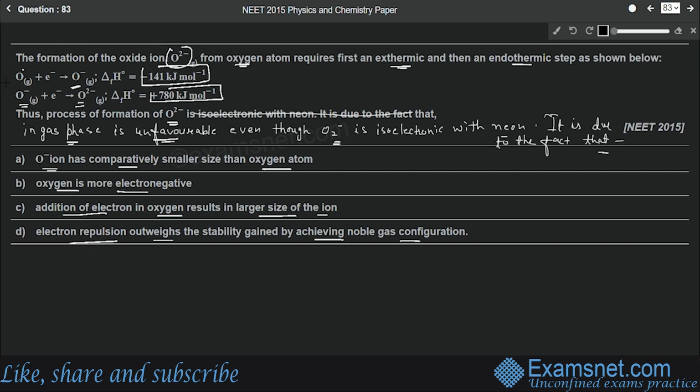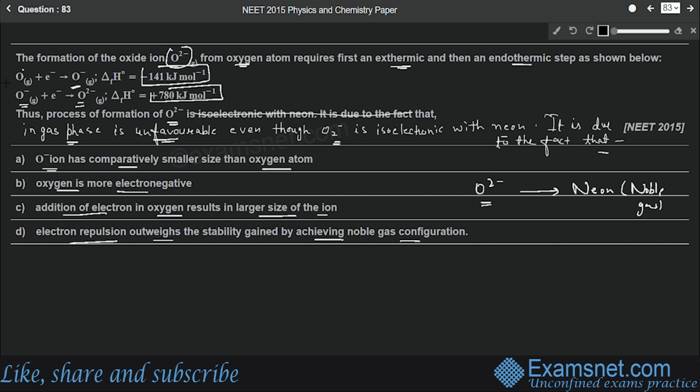So the question says that O2- has the same electronic configuration as that of neon, and neon is a noble gas. So O2- has the noble gas configuration. So the process of the formation of O2- should be favorable, right?